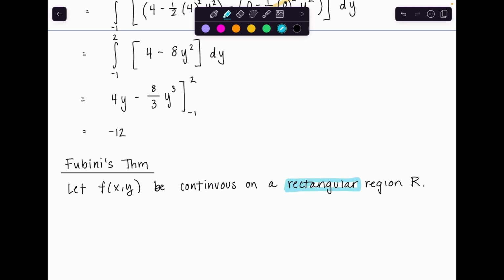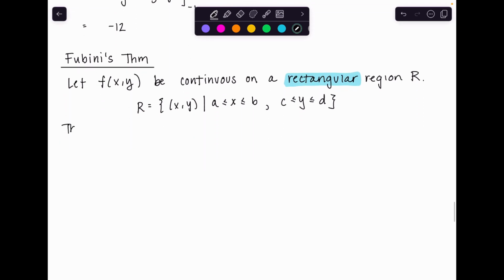This only works on rectangular regions. So our region R is all x and y, such that our x changes between the constants a and b, and the y changes between some constants c and d.